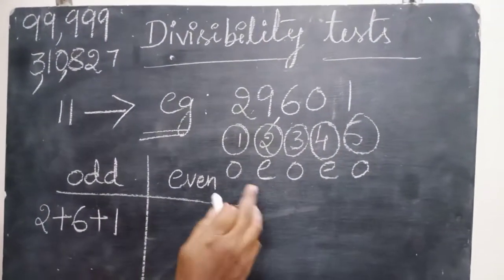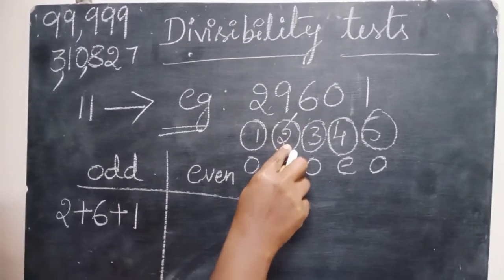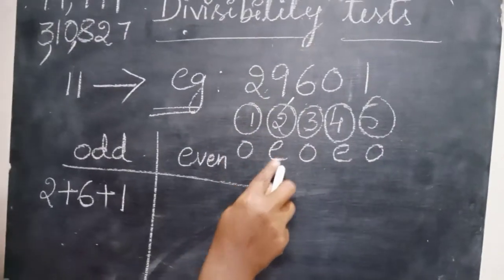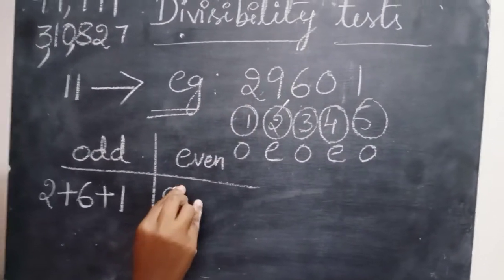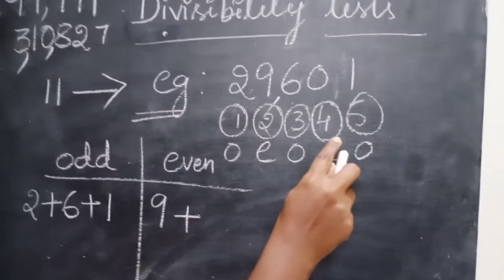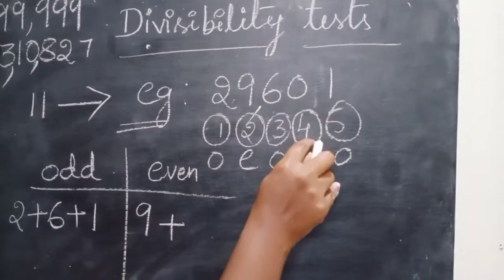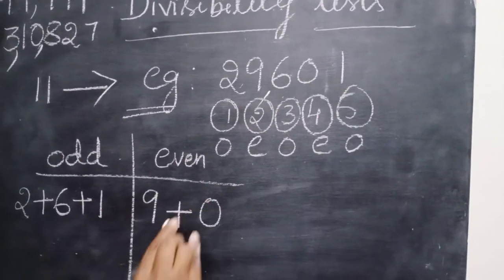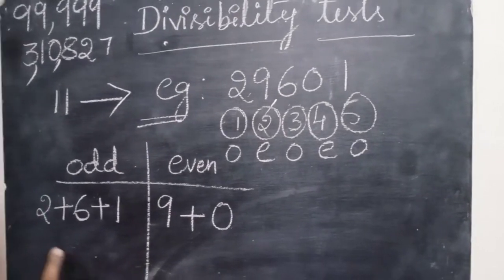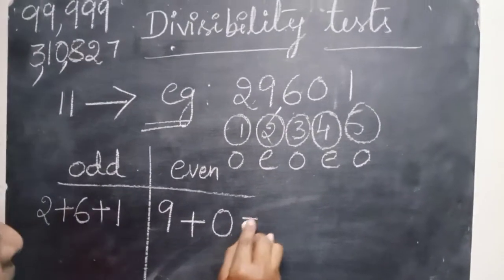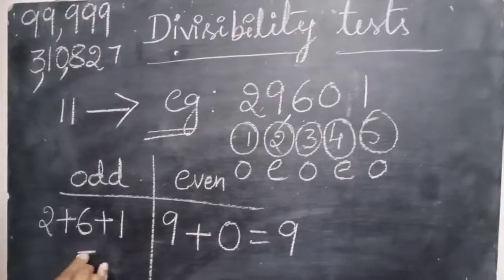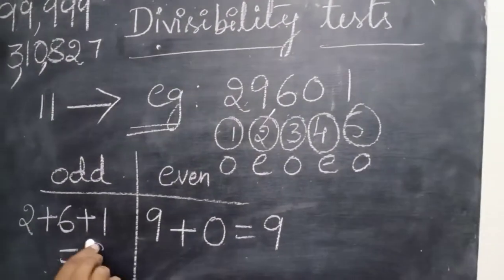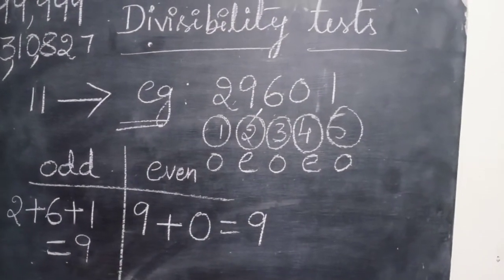Now even places. In the second place, 9. And the fourth place, we have 0. That's all: 2 even places and 3 odd places. Find out the total. 9 plus 0, 9. 6 plus 2, 8. 8 plus 1, 9. So we got 9 and 9.